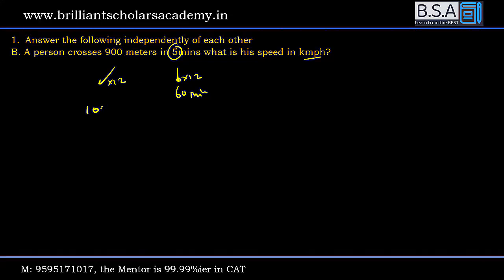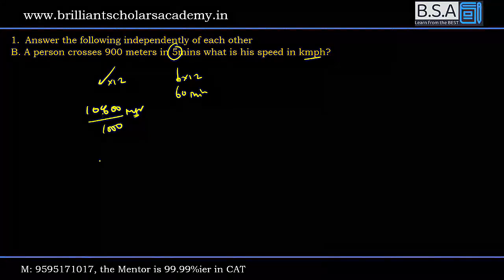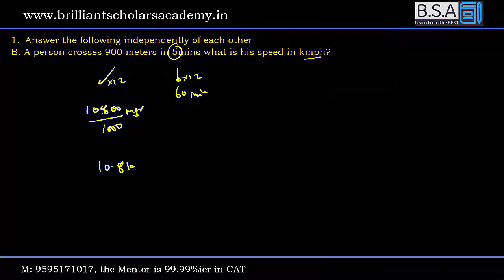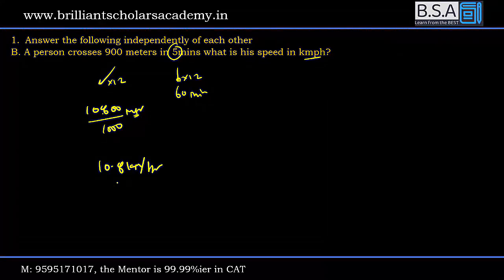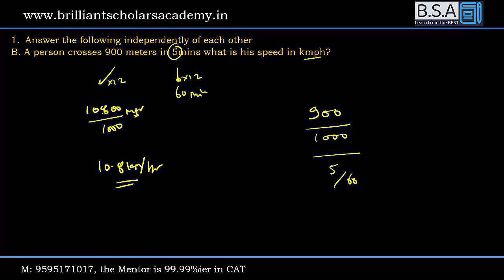It becomes 10800 meters. How do you convert meter into a kilometer? Divided by 1000. So 10.8 kmph is the speed. Job done. If you want to go along the conventional path, meters divided by 1000 is kilometer, minute divided by 60 is 1 hour.